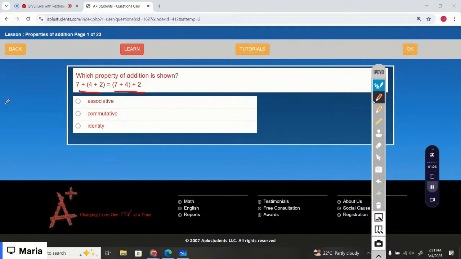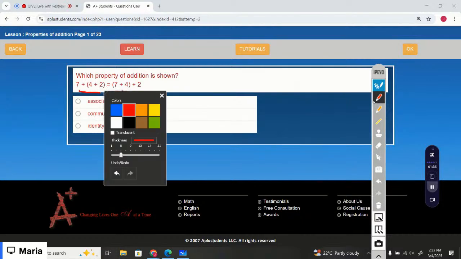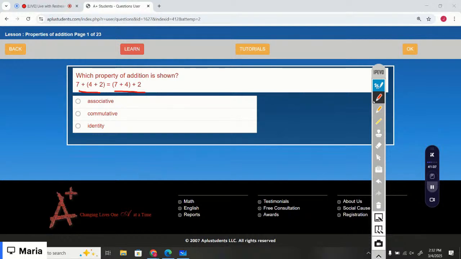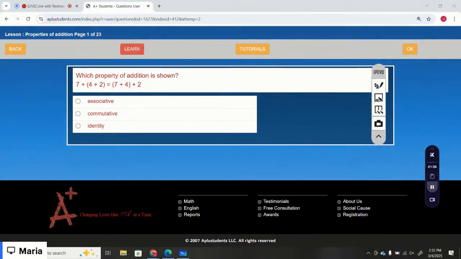Both sides the numbers are exactly the same. We have three numbers, just the order of addends is different. Here you have to add 4 plus 2 first, and here you have to do 7 plus 4 first, right? So when you have exactly the same numbers on both sides, with three numbers involved, that is the associative property. Option number one is the correct option.